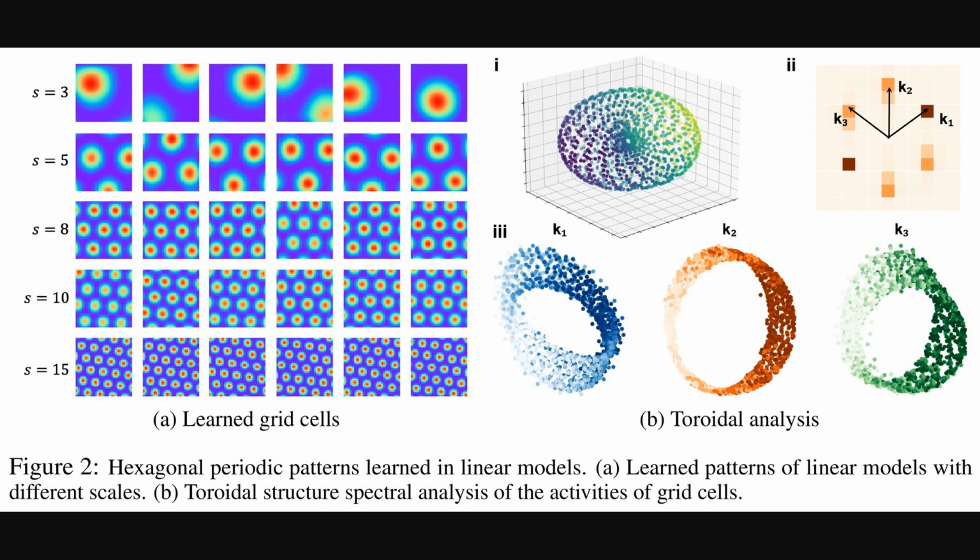Then, Figure 2b, the toroidal analysis, shows in part 1 that these activities form a torus, a donut shape. Part 2, the Fourier spectrum, a tool revealing dominant repeating patterns, displays 3 wave vectors, K1, K2, and K3, which are characteristic of hexagonal structures. This really demonstrates the emergence of these predicted patterns.